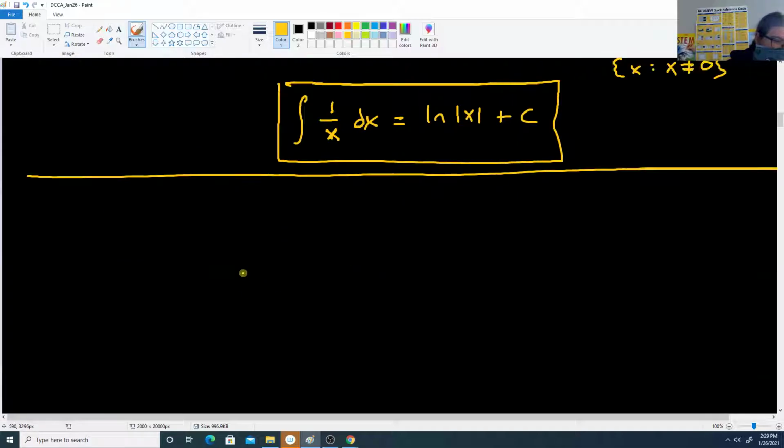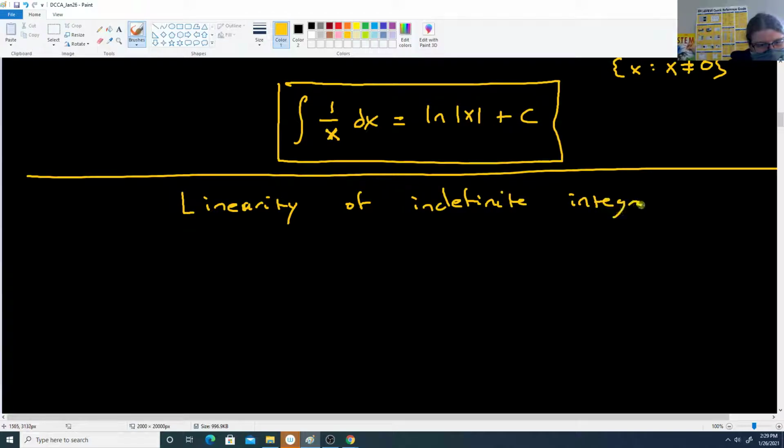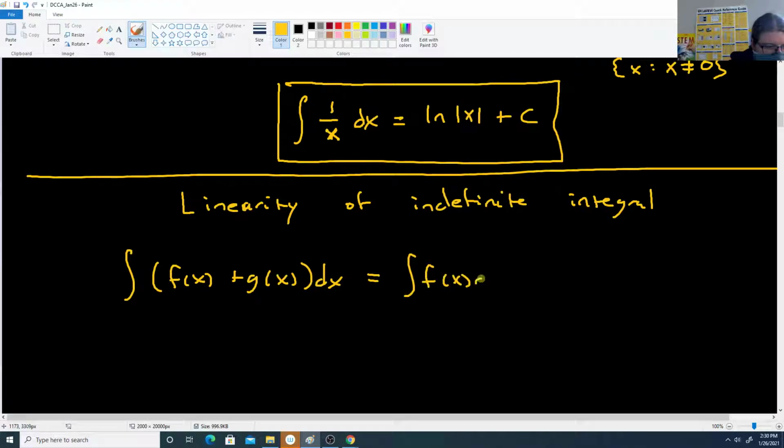We also have that the integral is linear, so linearity of the indefinite integral. This says if we have the integral of f of x plus g of x dx, we're able to view that as the integral of just the f of x part, and then we can add that to the integral of just the g of x part.